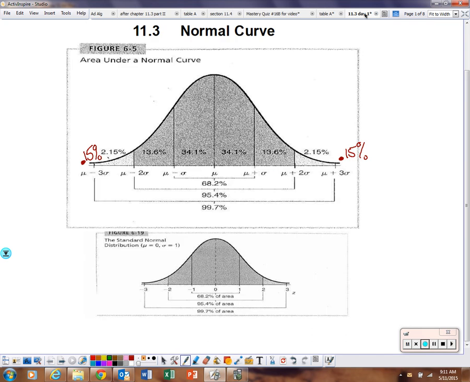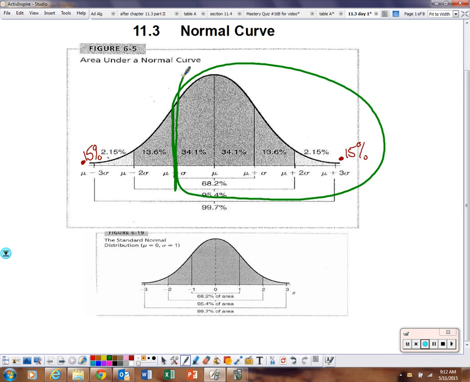So if we take a look, one standard deviation is right here. So we are interested in this area right here. If you add all of these together, we should get our answer.